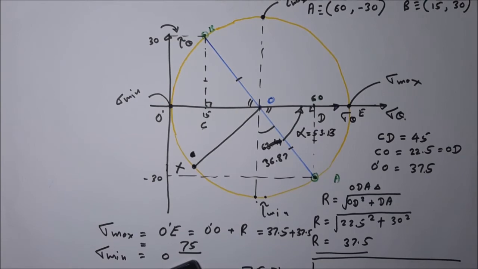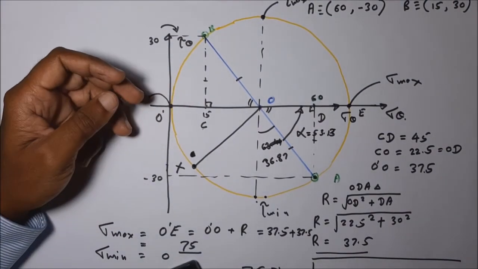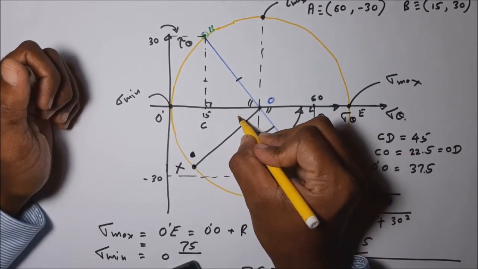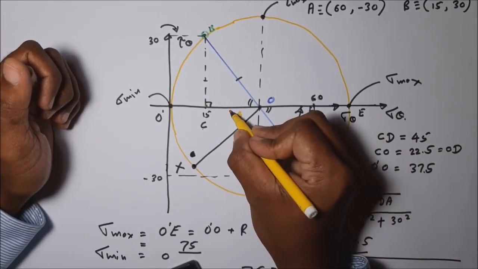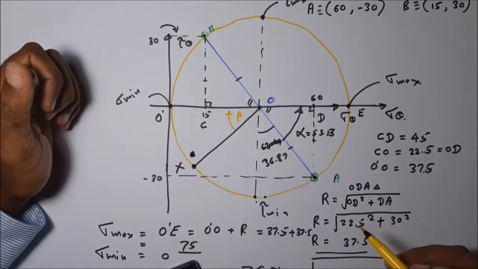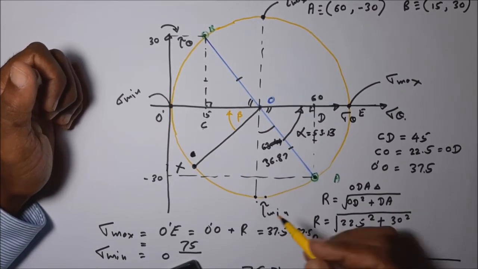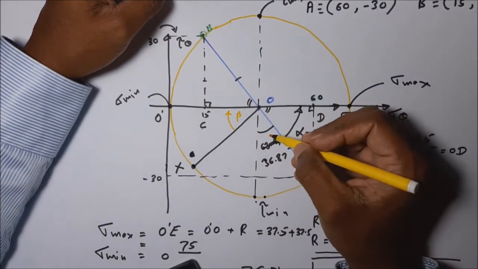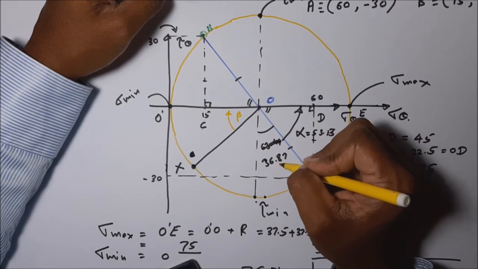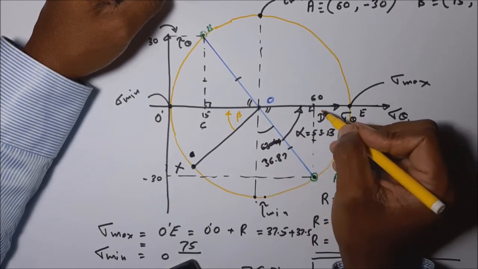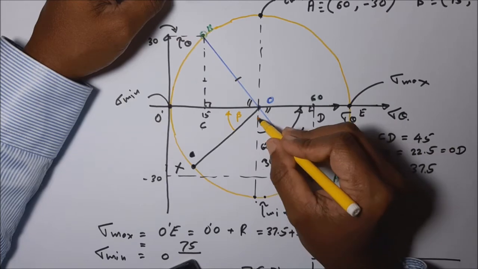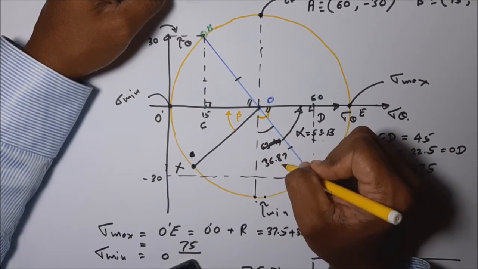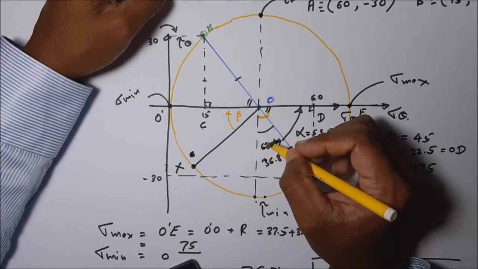Then how to find that one? If you know this angle, let's take this angle as beta. Then we can easily calculate the values. So what is beta? Here it is 36.87 because this angle is known. This angle is 90 degrees.